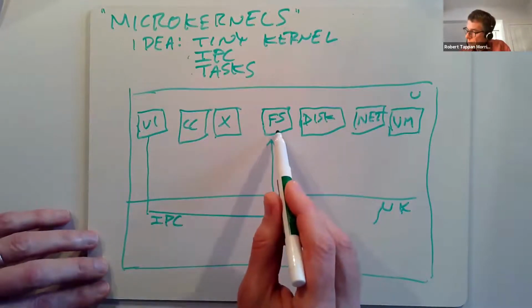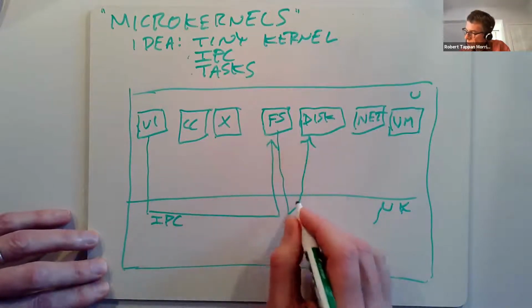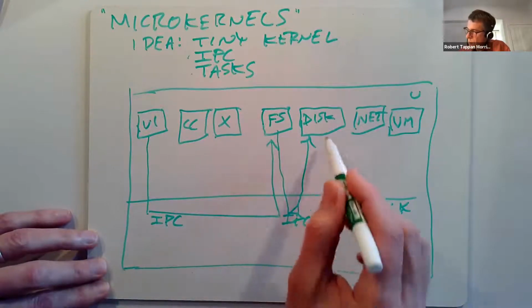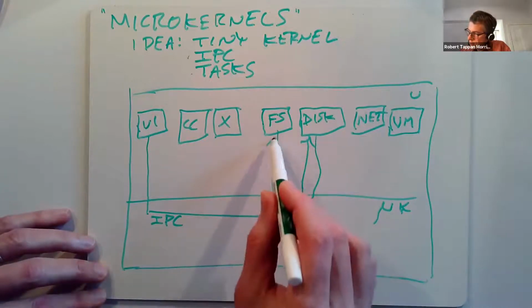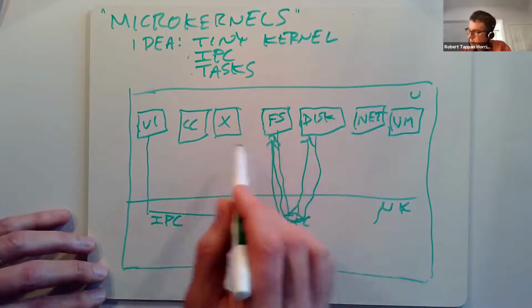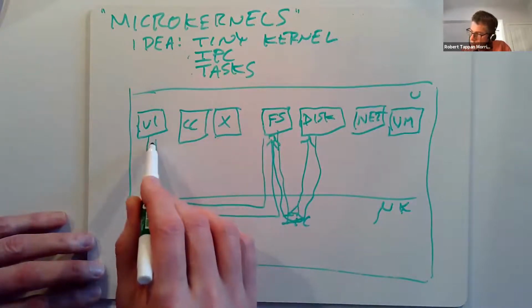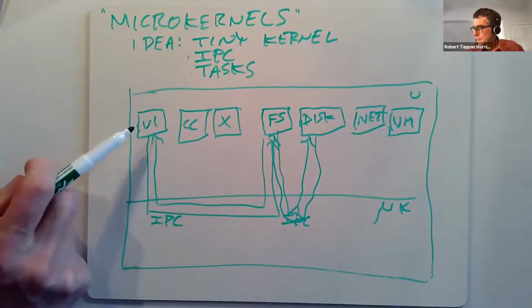The file system server may need to talk to the disk, so it might send another IPC, a disk read or write, to the disk driver, which somehow talks to the disk hardware. The disk driver may return a disk block to the file server. After it does its thing, maybe the file server finally returns the data you asked for, again by inter-process communication messages, back to my text editor.